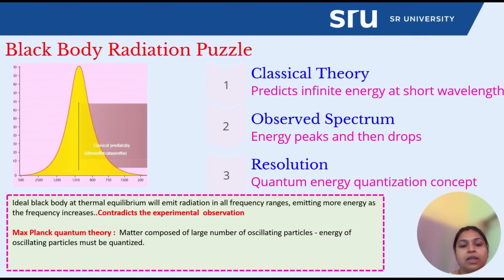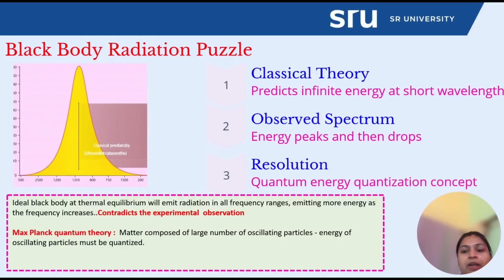And here comes Max Planck's quantum theory: matter is composed of a large number of oscillating particles, and the energy of an oscillating particle must be quantized. So basically the idea of Planck's hypothesis is that energy is not continuous, it is quantized, emitted or absorbed in discrete packets, or we can say quanta.